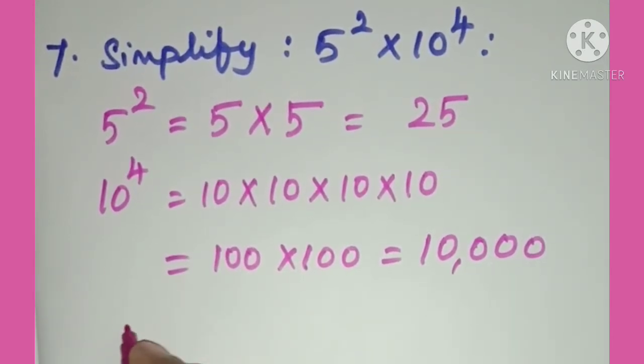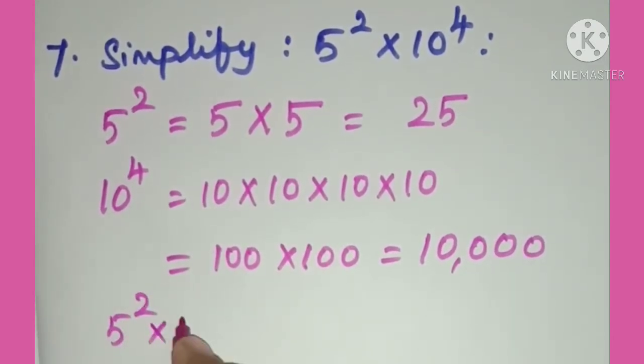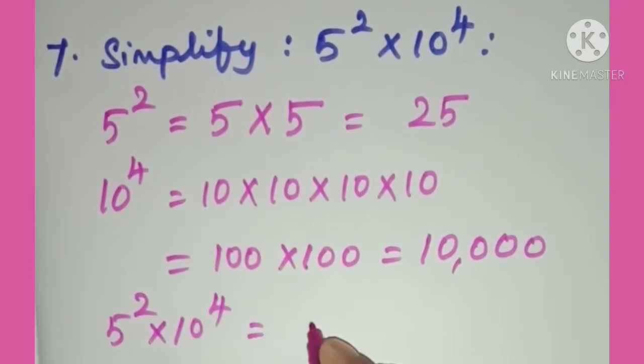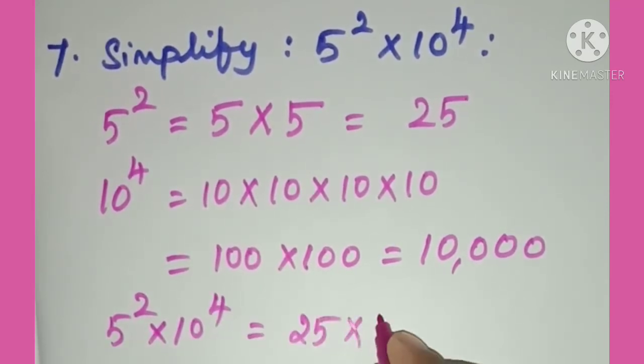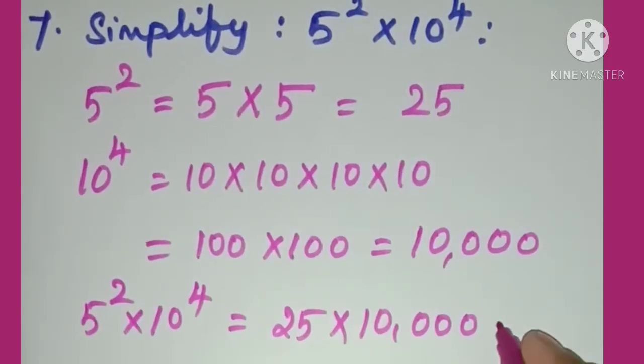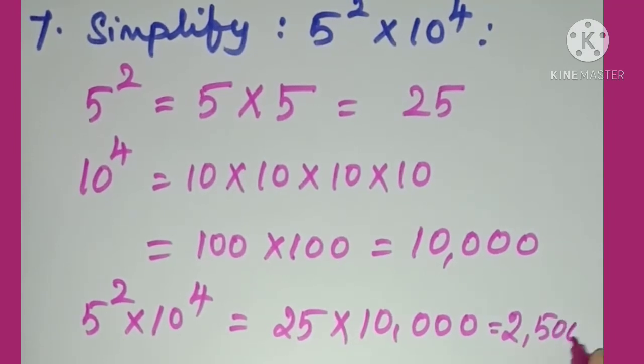So now 5 square into 10 to the power 4 is 25 into 10,000. 25 into 10,000 is 2,50,000.